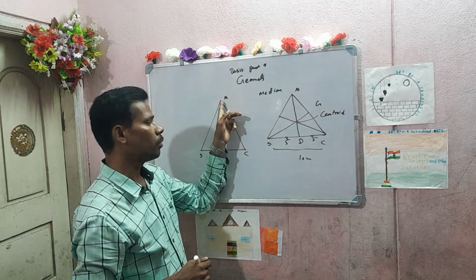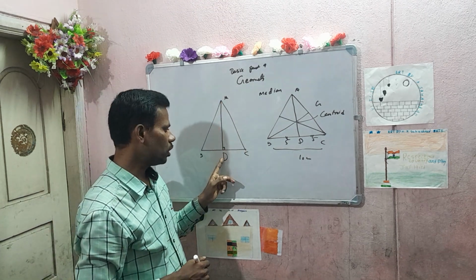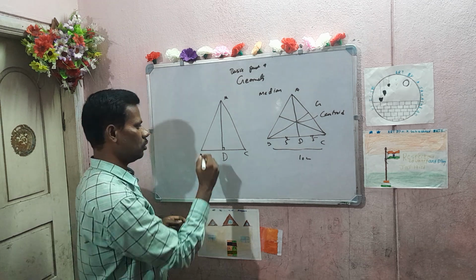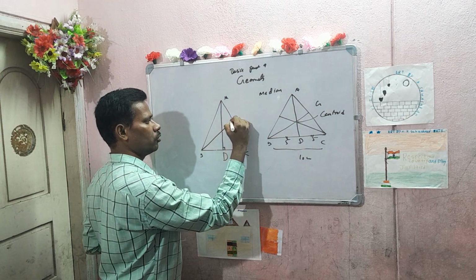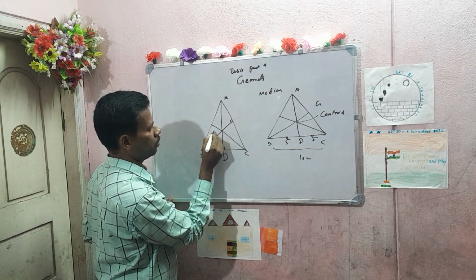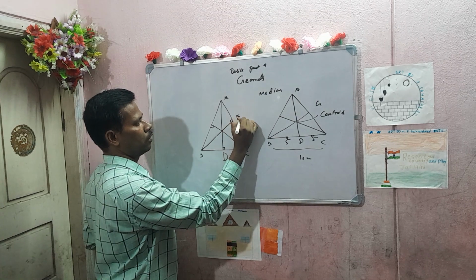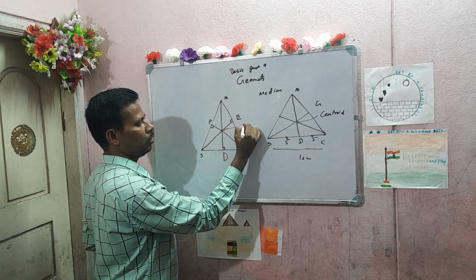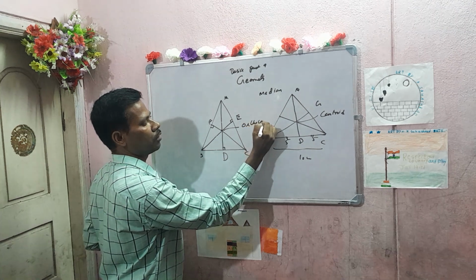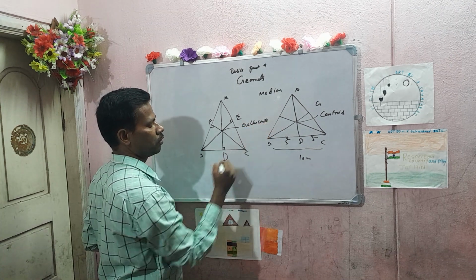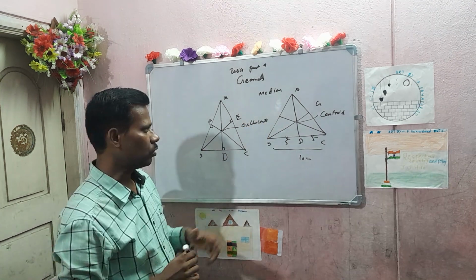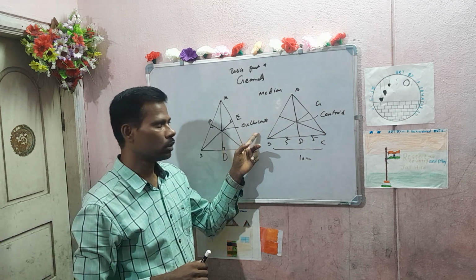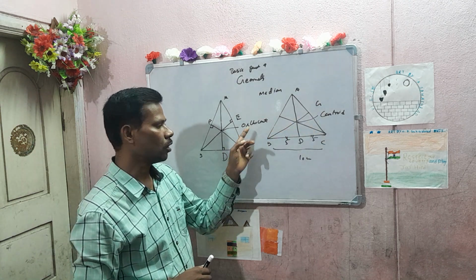So here there will be 3 altitudes. Where all the altitudes meet, that is called orthocenter. So it is clear, orthocenter. This is centroid. This is orthocenter.